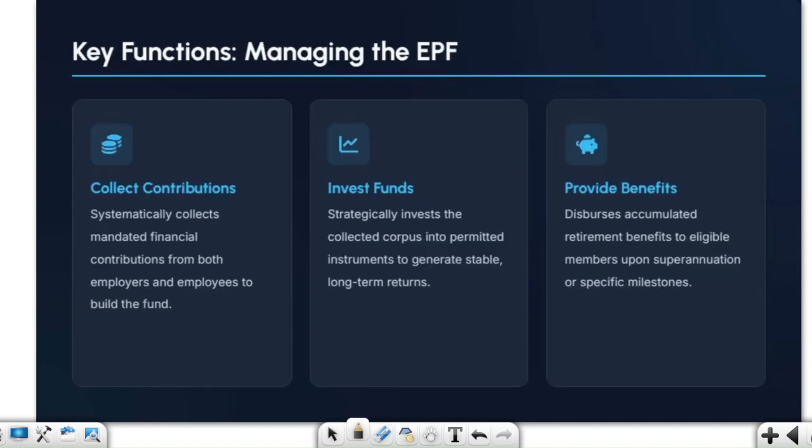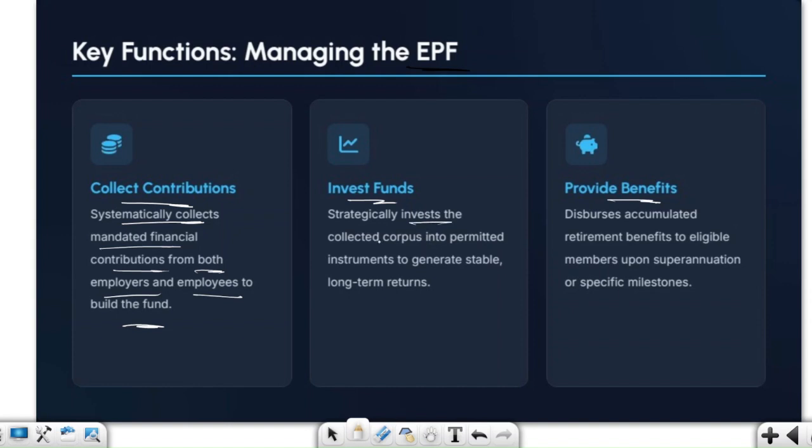Now, what are the key functions when we talk about managing the EPF? Here you will see collect contributions, invest funds, provide benefits. In EPF we are getting the contribution from whom? Employee and employer, right? So systematically we collect the mandated financial contribution from both employers and employees to build the fund.